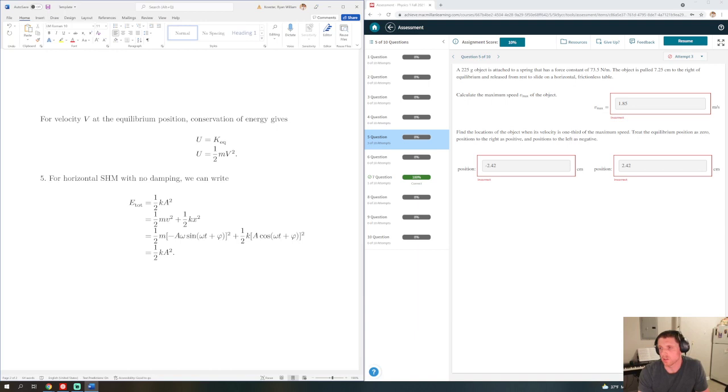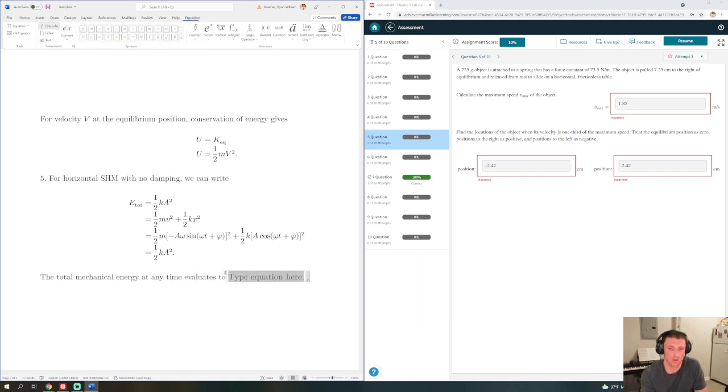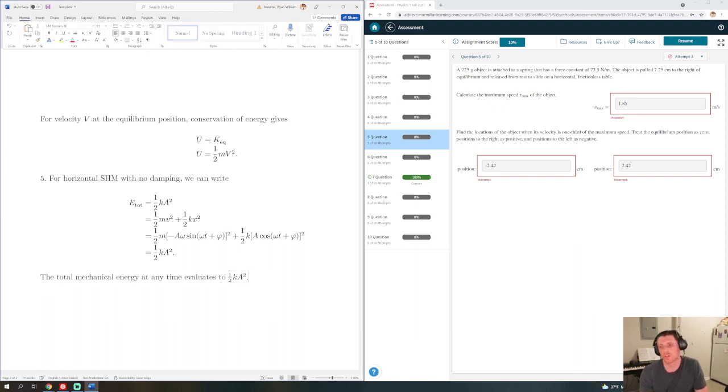Okay, so how do we use this, right? Well, if we know what the energy is at any time, I'll say this: the total mechanical energy at any time evaluates to 1/2 k A squared. So we can just do conservation of energy, right? We can do conservation of energy to figure out what the speed is of the mass at the equilibrium position, right?